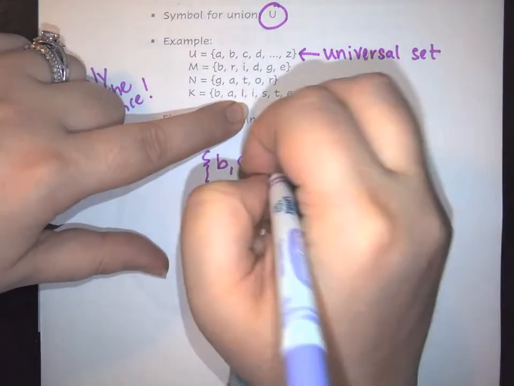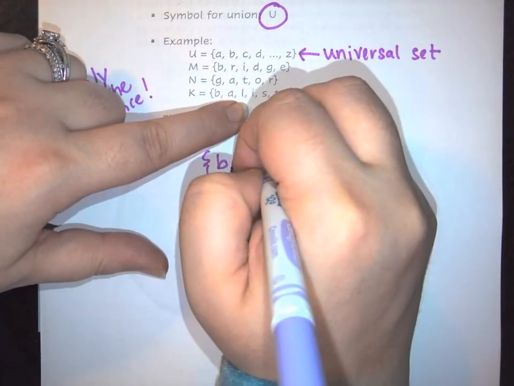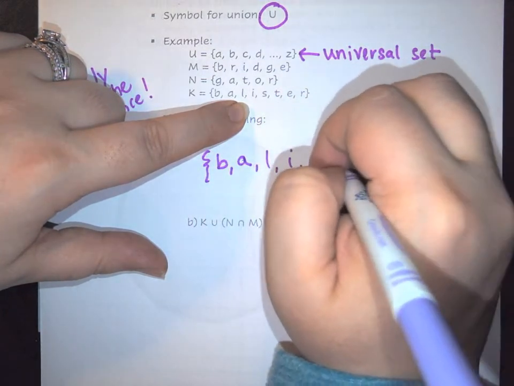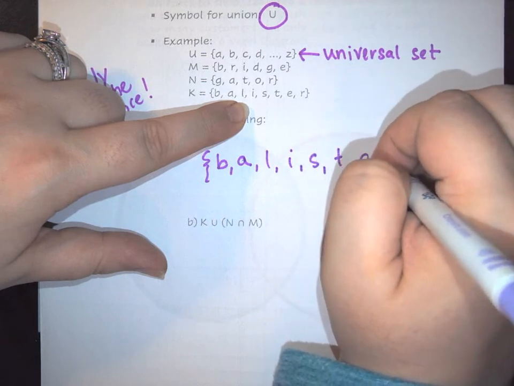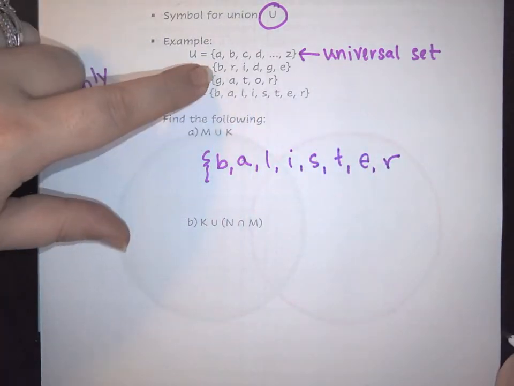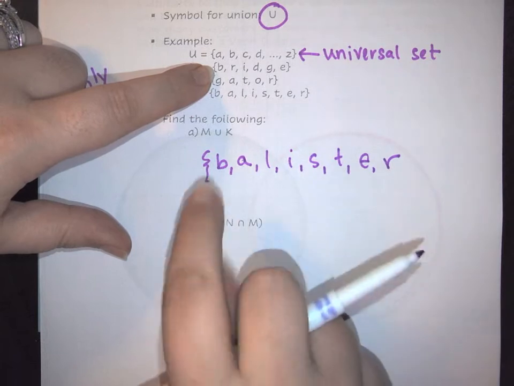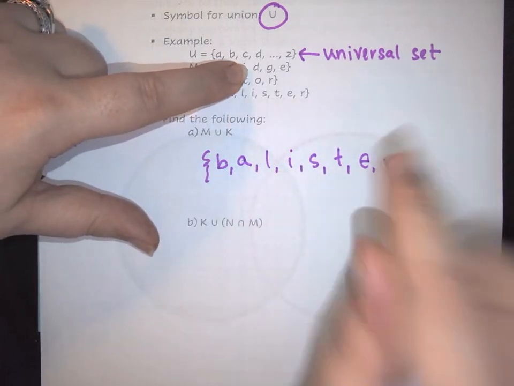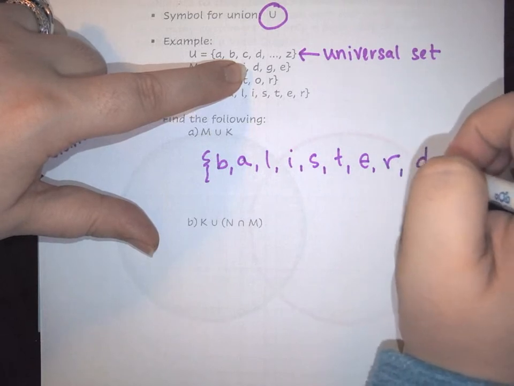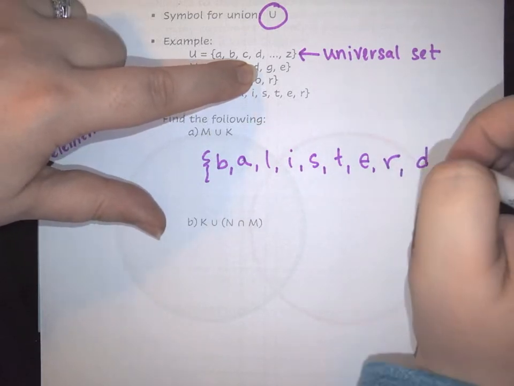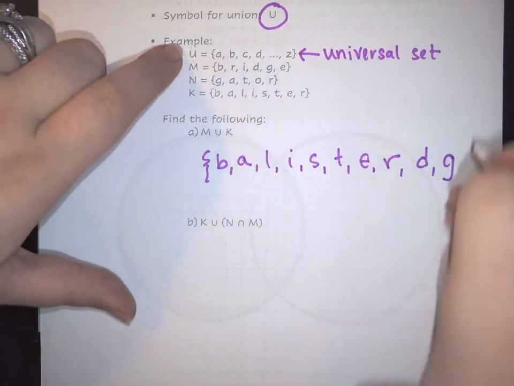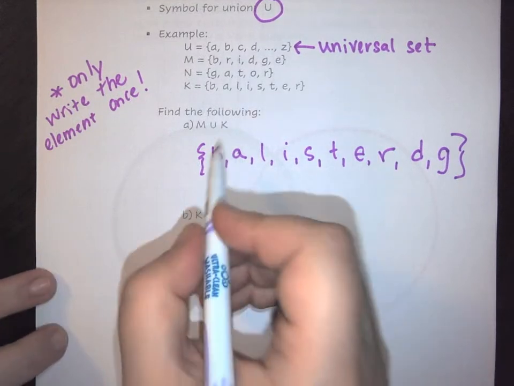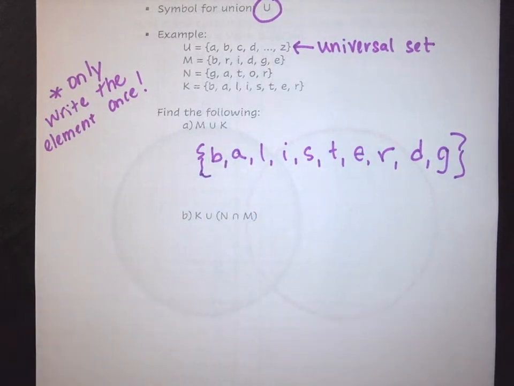Then I have an L, so here's the L. I have an S, T, E, R. But then when I'm looking at bridge, I have my B, I have my R, I don't have a D, so I'm going to use my D. I need a G, and I have an E. So notice I'm including all of the elements from both sets.